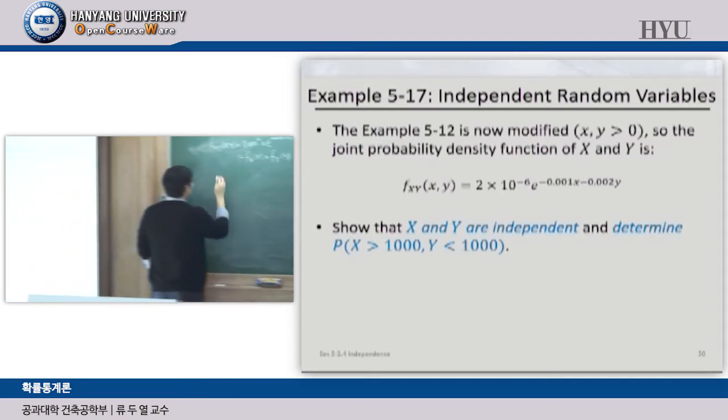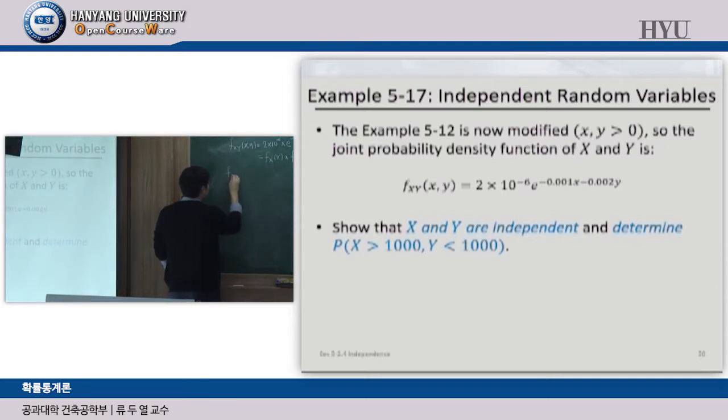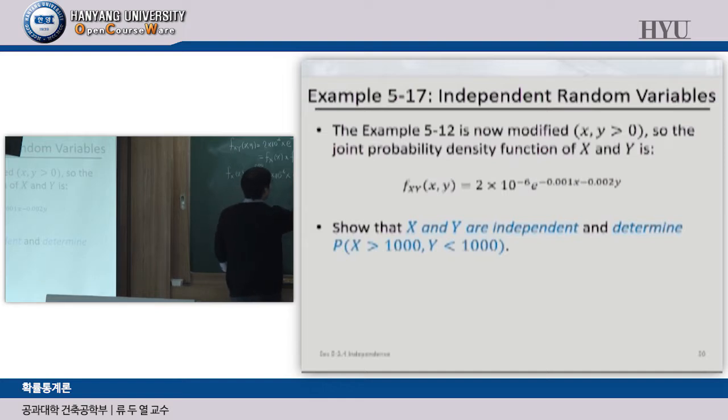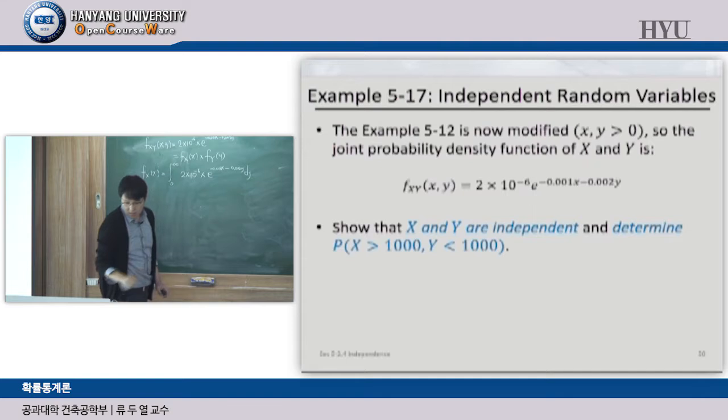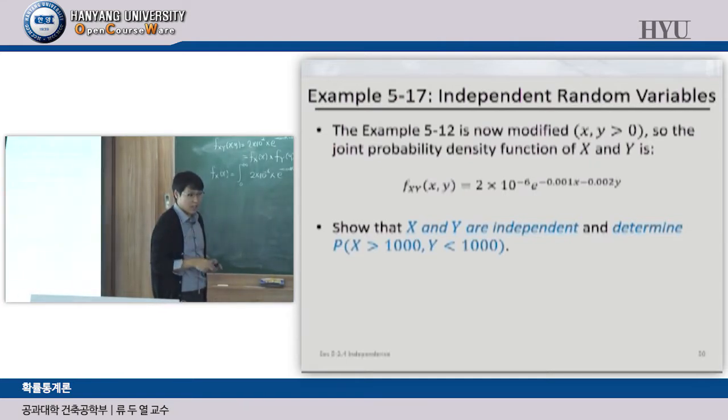So what about the marginal probability density function of x? They should be equal to the integration from 0 to infinite of 2 times 10 to the minus 6 power times exponential minus 0.001x minus 0.002y dy. Okay? Right?